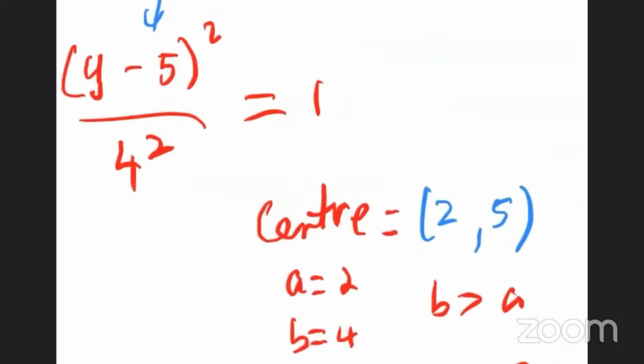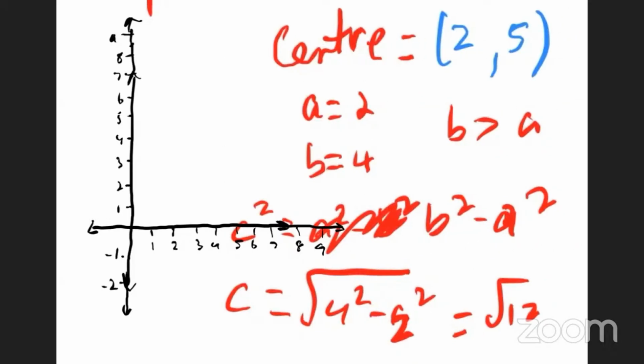So therefore, from that, we know what the center is. We know what A and B is, and we know that B is more than A. So the center is what? 2, 5, right? So 2, 5 is around here. How are we going to get all the other points around it? Real simple, right? The x-axis, A gives us an idea of how far from the center on the horizontal part will be.